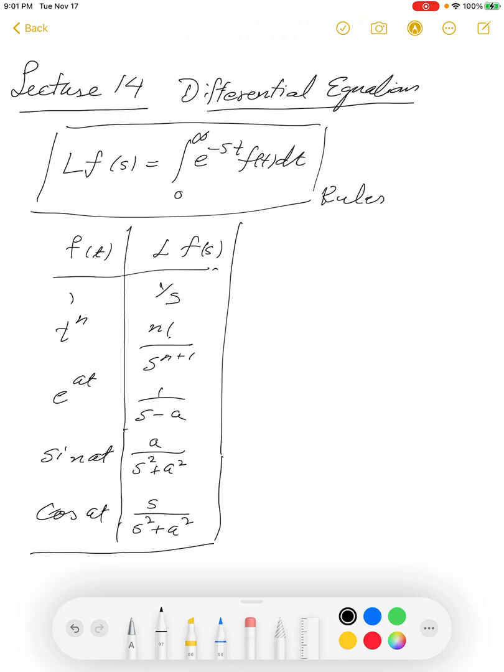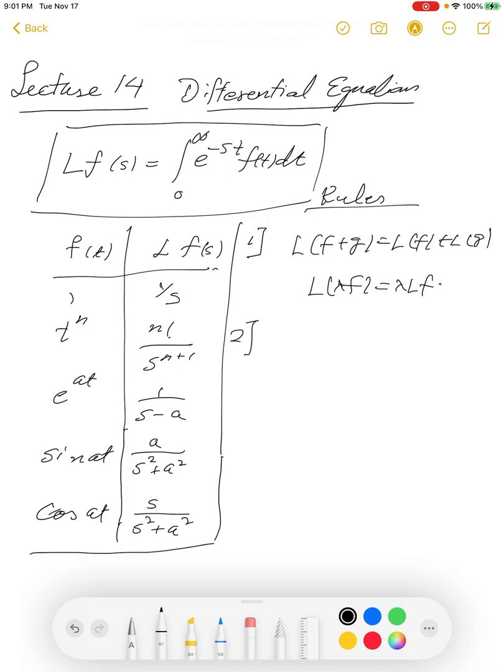First of all, Laplace transform is a linear transformation. So L of f plus g is Lf plus Lg. L of lambda f is lambda times Lf. And then I had mentioned two rules which I will prove.